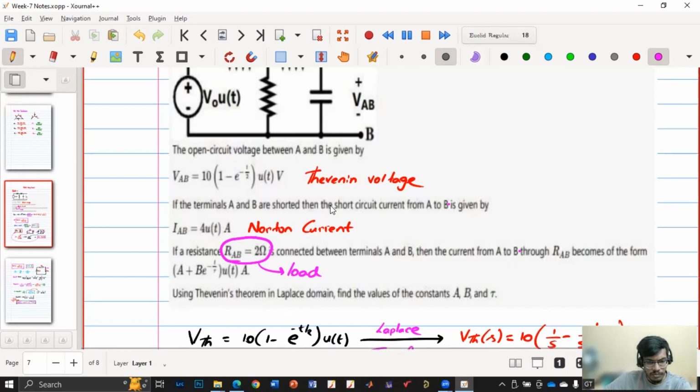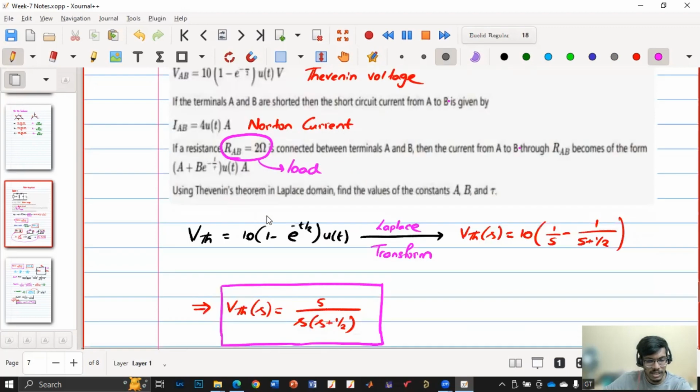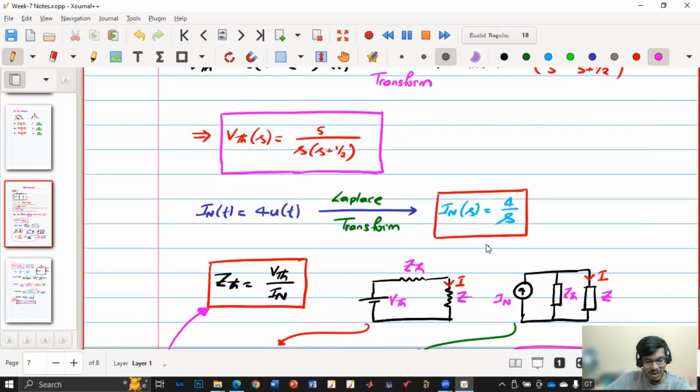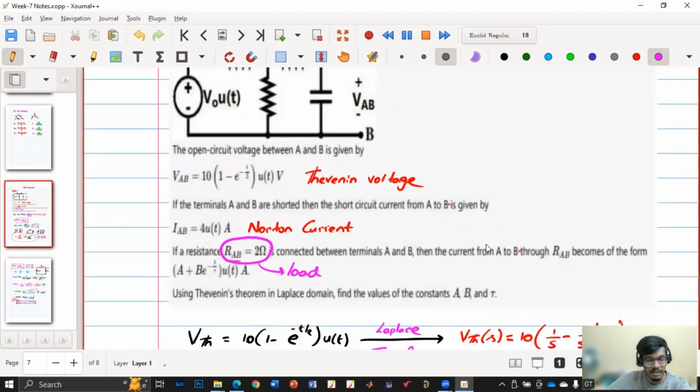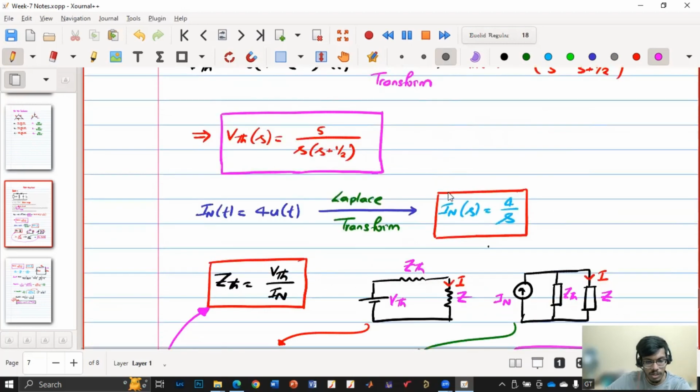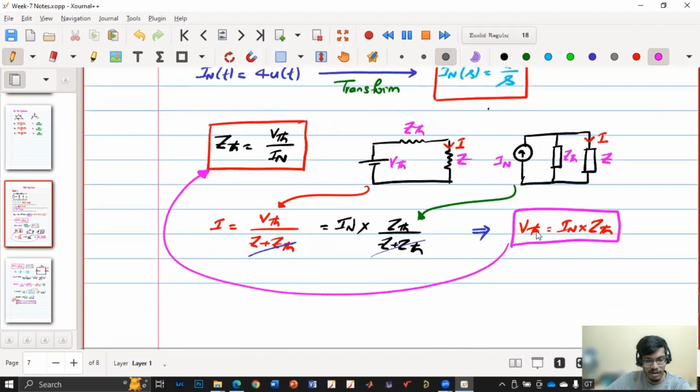Now, first basic thing is we have converted everything into Laplace domain, Thevenin voltage as well as Norton current. One information that was missing is the Thevenin impedance, which we found out from the Thevenin voltage as well as Norton current because they're related, and which we have also proved. So now I got Thevenin impedance.